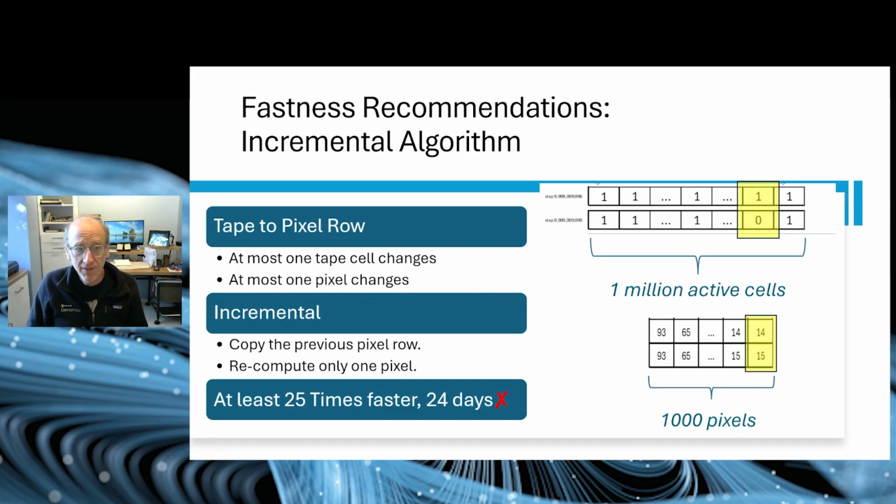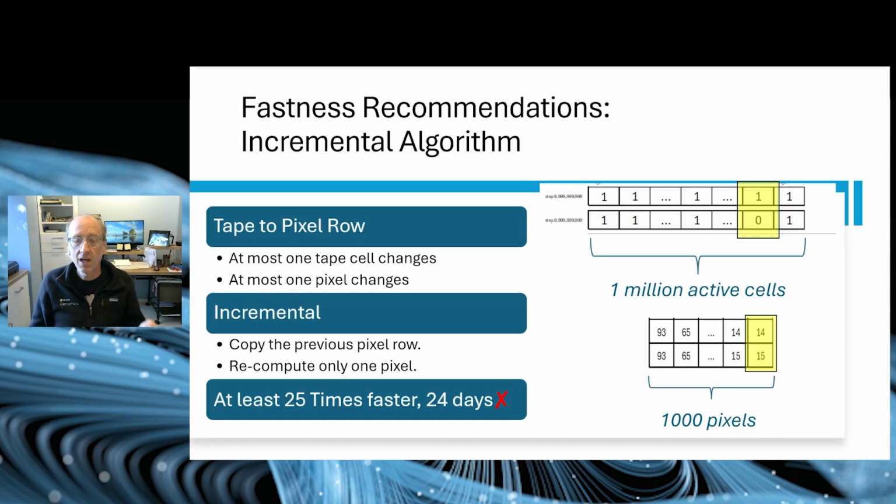So that still wasn't fast enough. So here's the second speed up I did, and that was to switch my algorithm for taking a row of the tape cells and turning them into a row of pixels, instead of having it do that from fresh each time, to make it incremental.